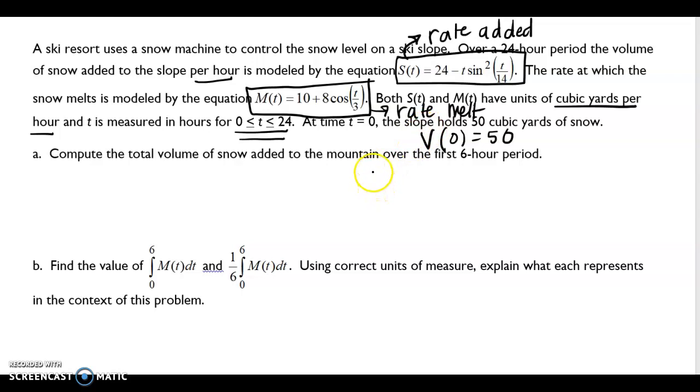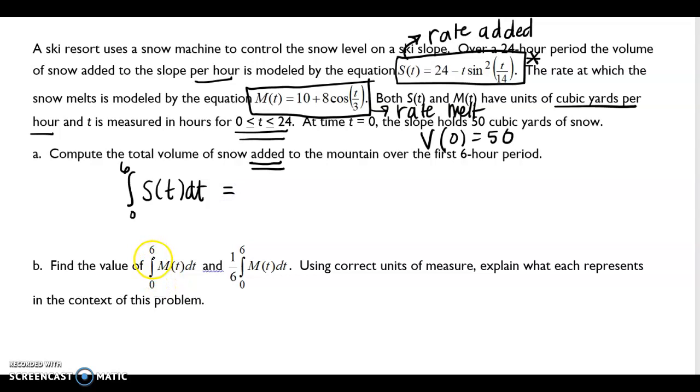So to find the total volume of snow added to the mountain over the first 6-hour period, I'm going to use my equation for the rate added. And if I want to find the amount, but I'm given the rate, then I'm going to integrate. So I'm going to integrate from 0 to 6, because it's over the first 6 hours, and I'm going to integrate S of t dt.